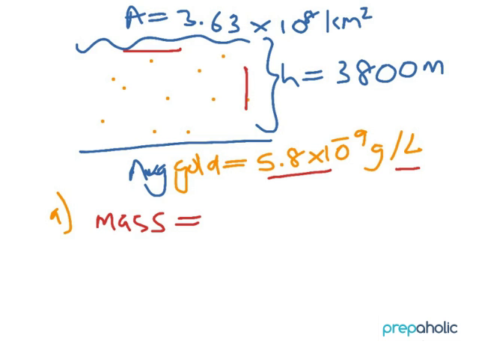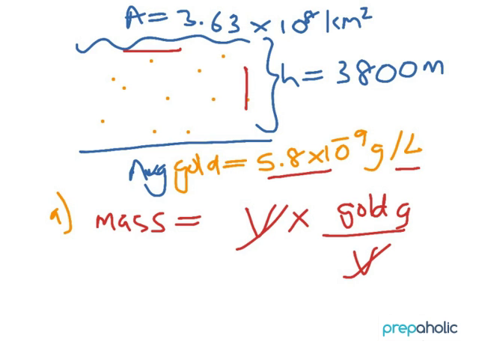So because we know the total volume and we know how many grams of gold is present per volume, we will be able to calculate the mass of the gold.